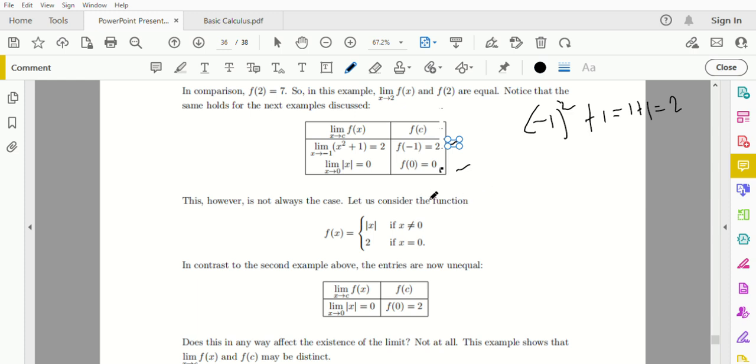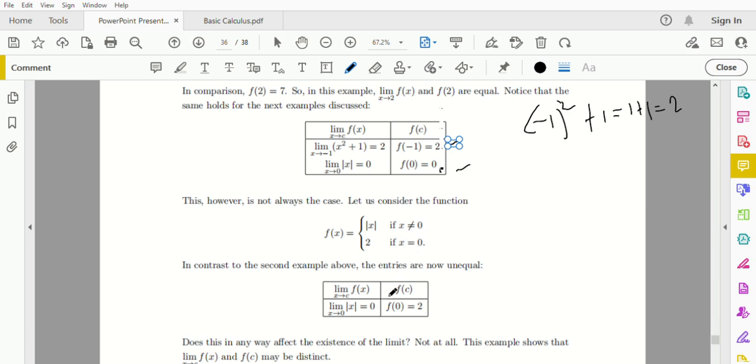Okay, let us consider this new piecewise function. In contrast to the second example above, the entries are now unequal. In our previous example at the top, they are equal, but here we have a new function. So the limit of the absolute value of x is 0.